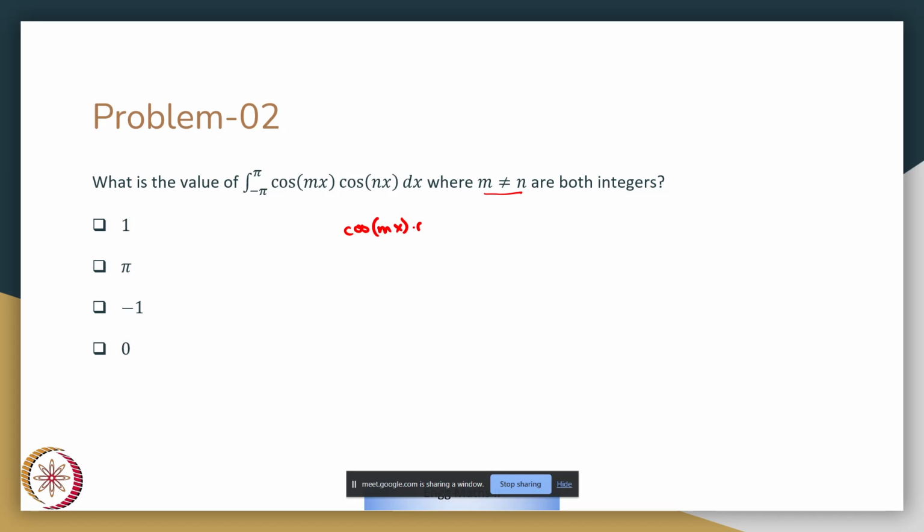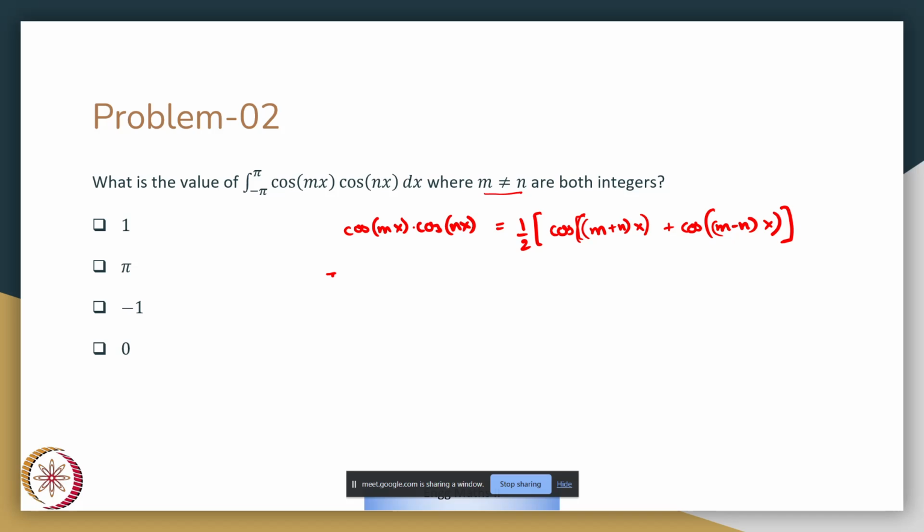So cos of mx into cos of nx is nothing but half of cos of (m plus n) x plus cos of (m minus n) x.